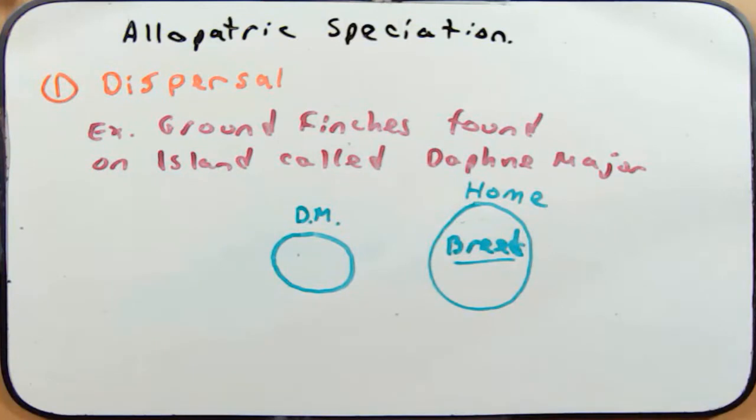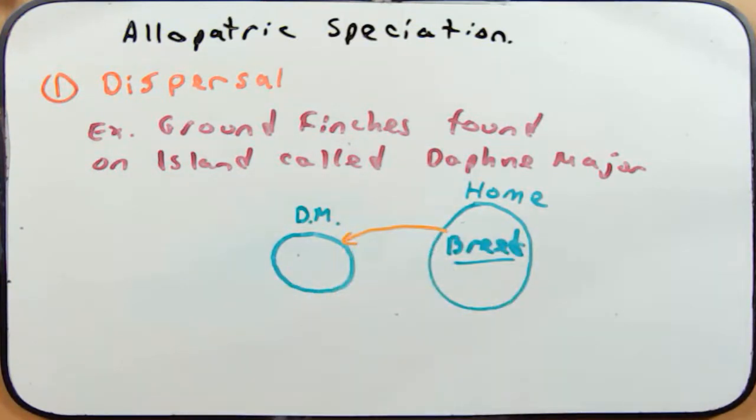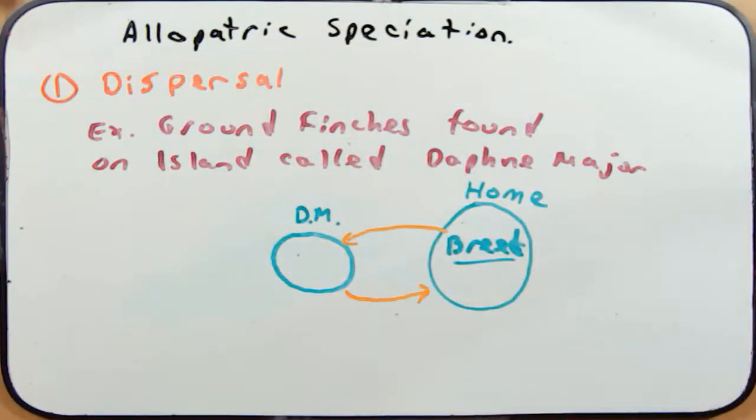But for a few months of the year, these ground finches would migrate over to Daphne Major, and they would spend a few months here in between breeding seasons, but then they would always fly back to their home island to breed.